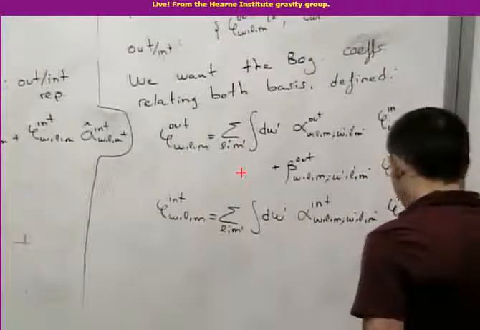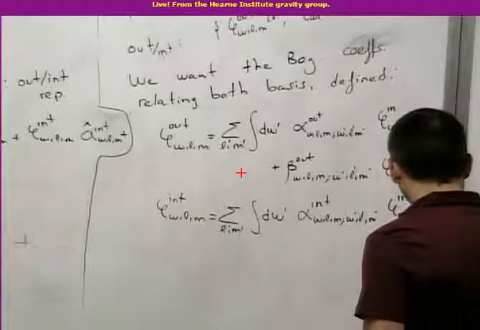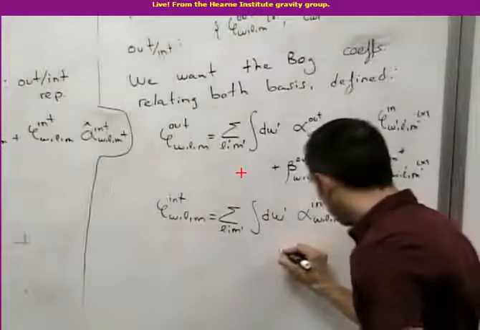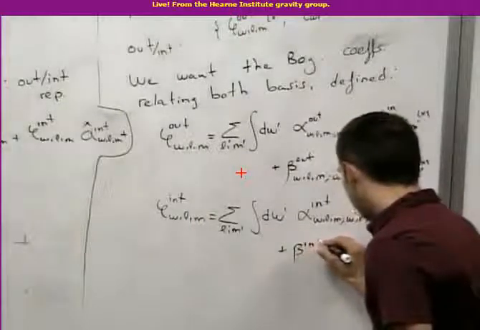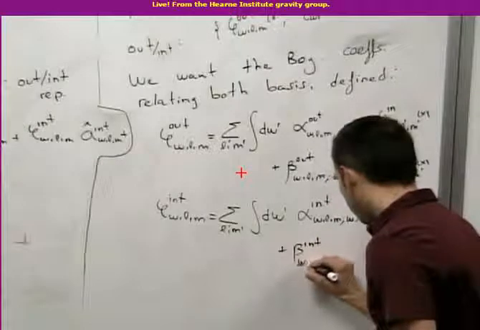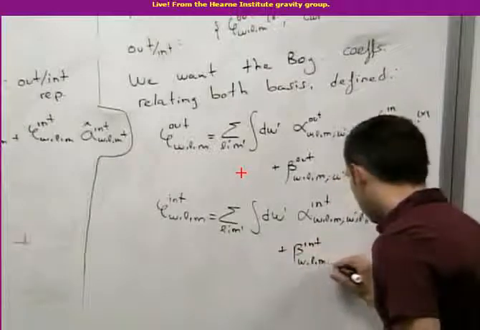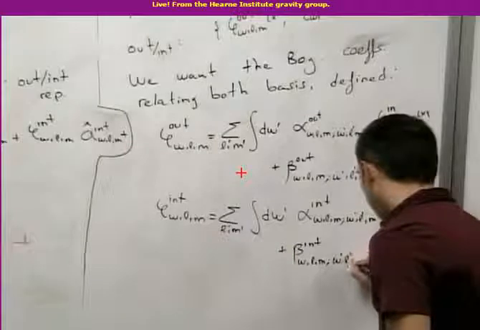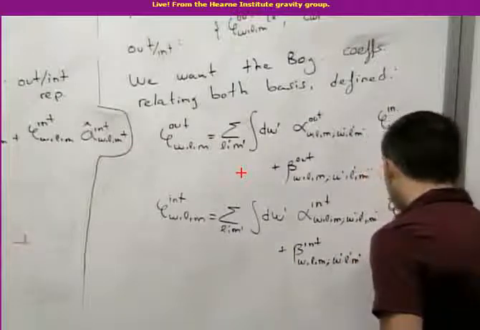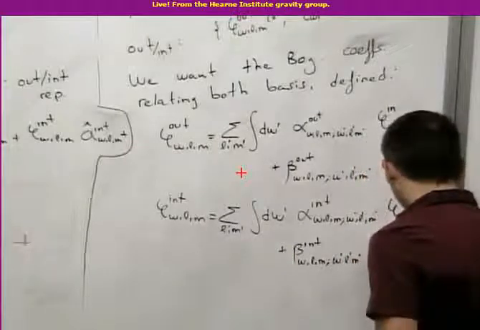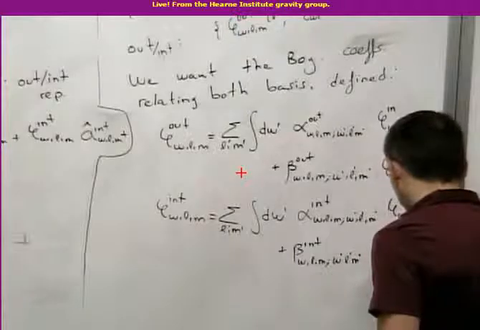I am getting tired of writing too many indices. The in mode is going to be omega prime.